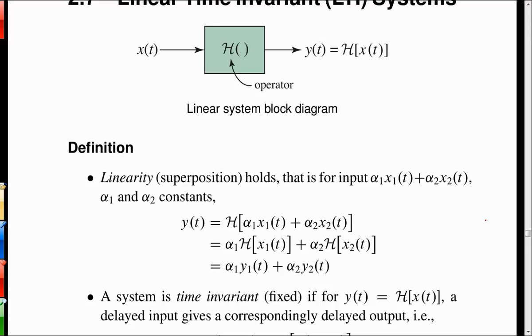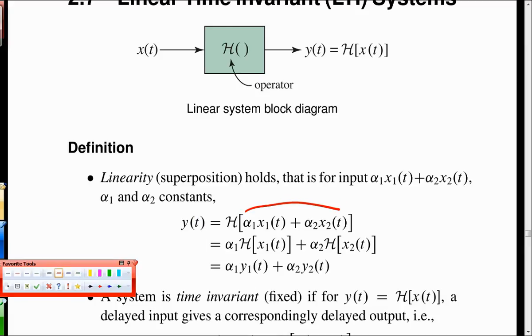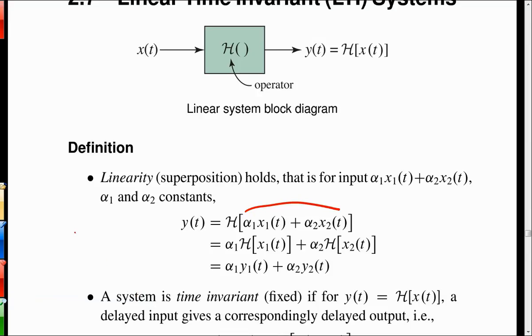So a linear combination of inputs gives the same linear combination of the individually obtained outputs. So you put the whole thing together and operate on it, and if the system is linear, you get the linear combination of the individual outputs.